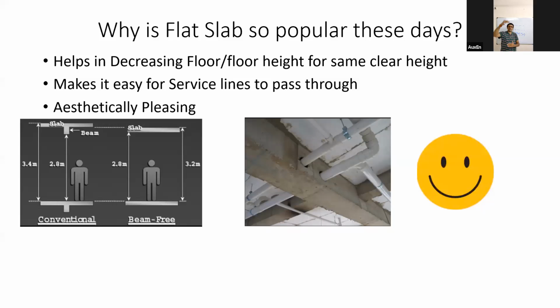If I construct 14 floors in a normal conventional slab, I will be able to construct 15 floors in case of a flat slab with these dimensions. So naturally, I am gaining a huge advantage of around 7 to 8% just by switching to a flat slab system.